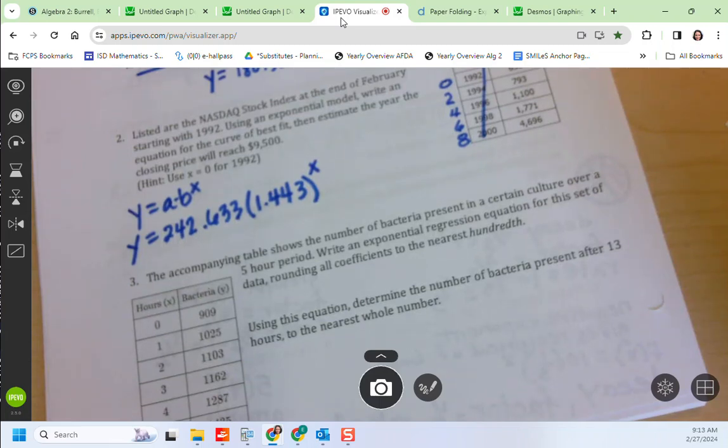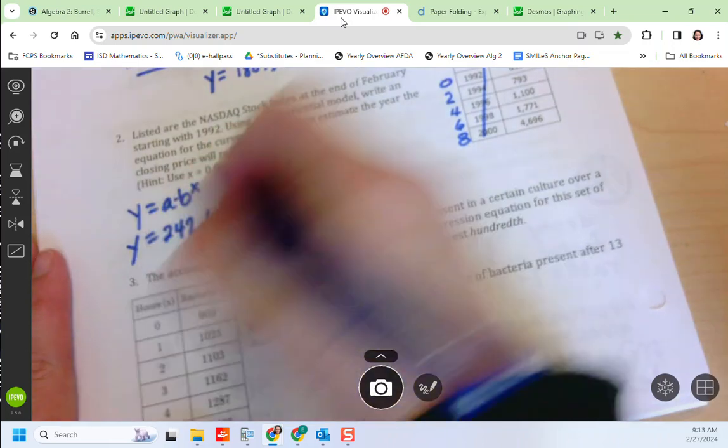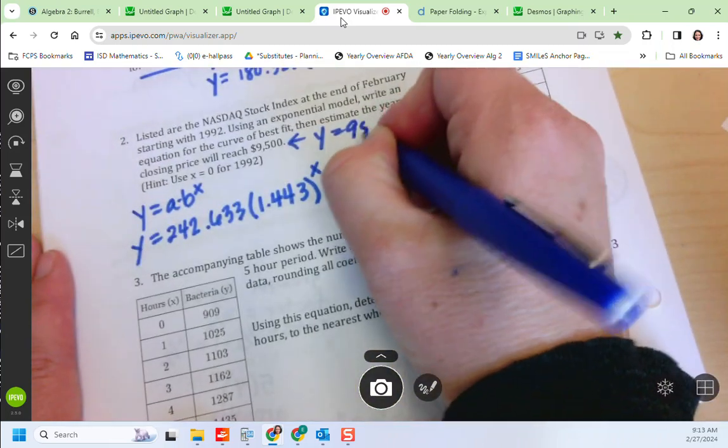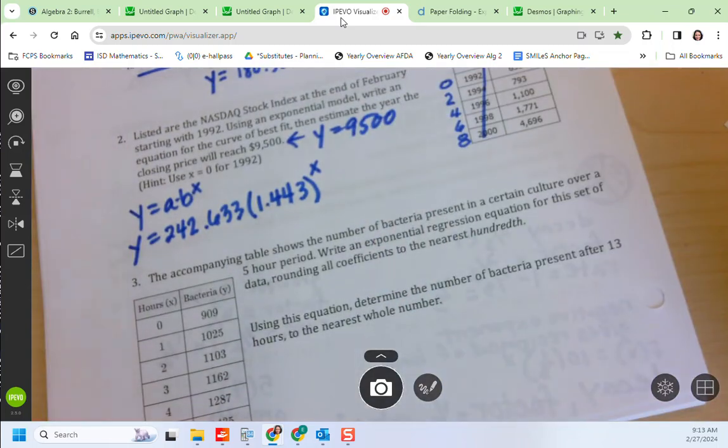All right, then it says estimate the year in which the closing price will reach $9,500. Now, to solve this problem, this time notice we're putting this in for a y value. Y equals $9,500. To solve a problem like this, we would need a logarithm.